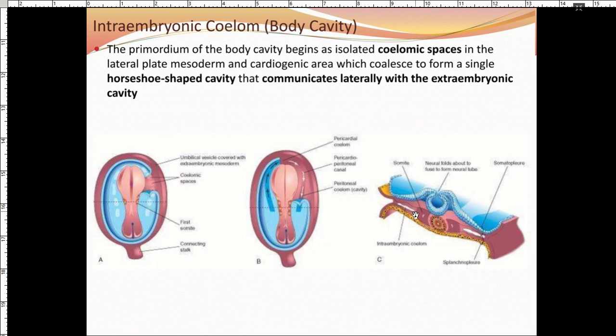These somites are going to form your dermatomes, your sclerotomes, your myotomes, right?